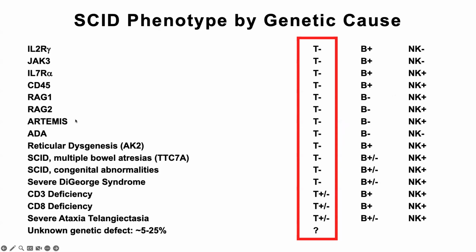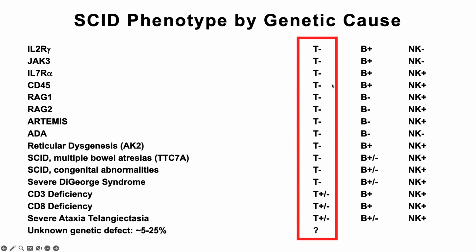And it all has to do with whether the protein that's encoded by the gene that is defective is important for T cell development, B cell development, or NK cell development. And so if it's important for all of them, of course, then you wind up with a T negative, B negative, NK negative SCID.